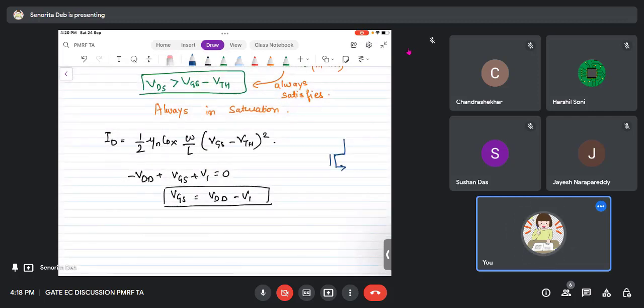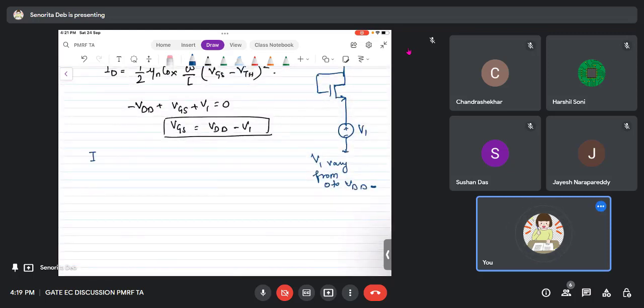So let me just redraw it again so that here also you can see the MOSFET. I have applied V1 at one terminal, I have applied VDD at the other terminal, and I am asking what is the ID graph versus V1. V1 will vary from 0 to VDD.